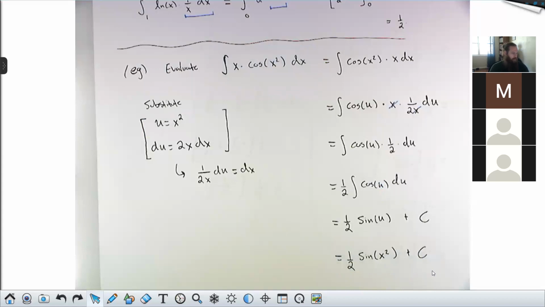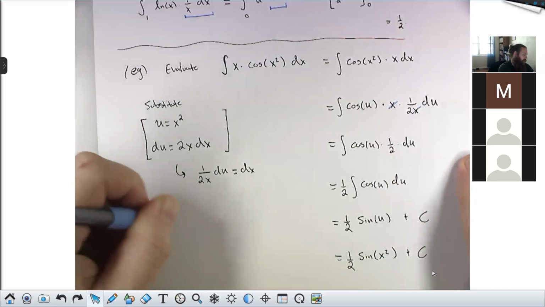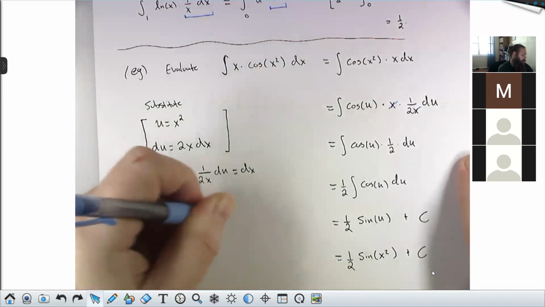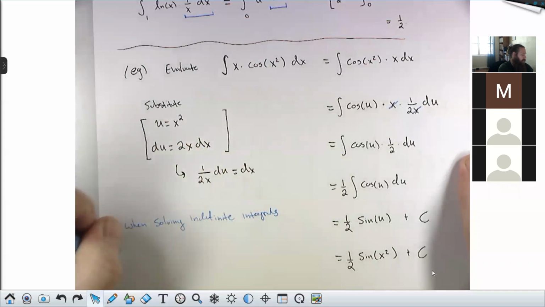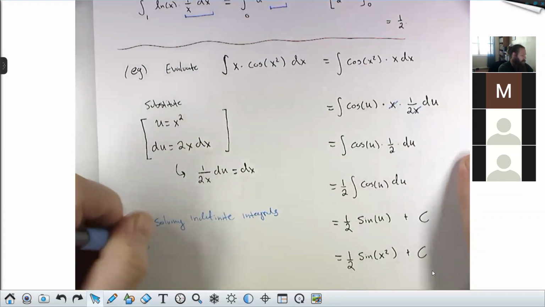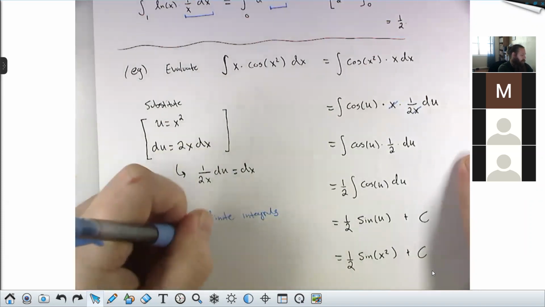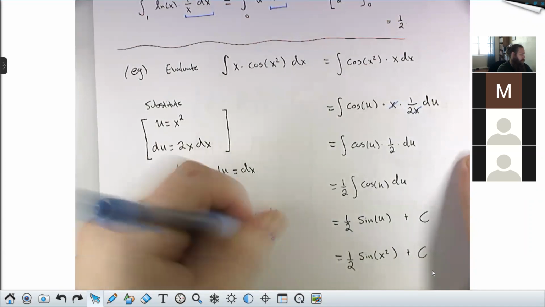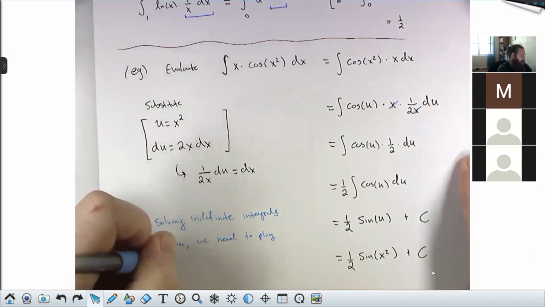So when solving indefinite integrals via substitution, we need to plug in the old variable.